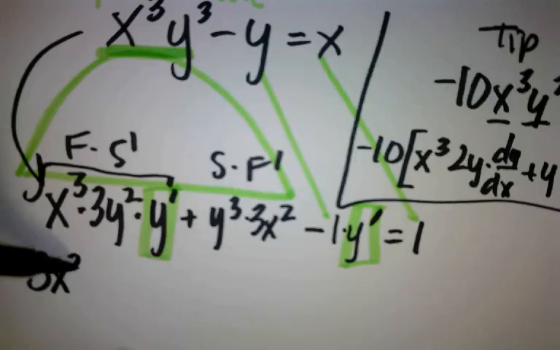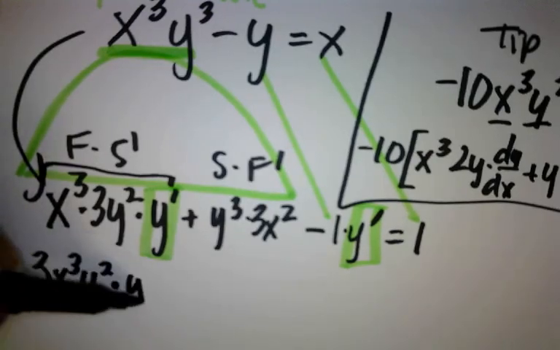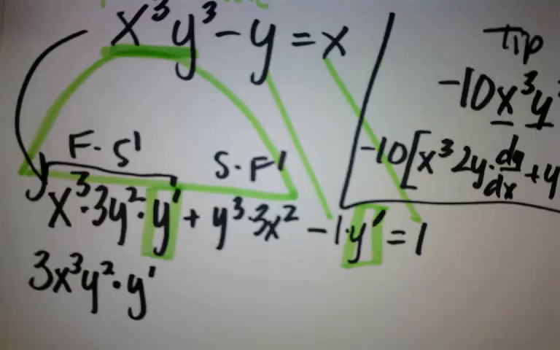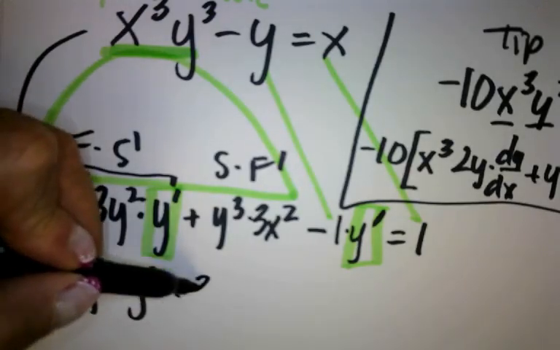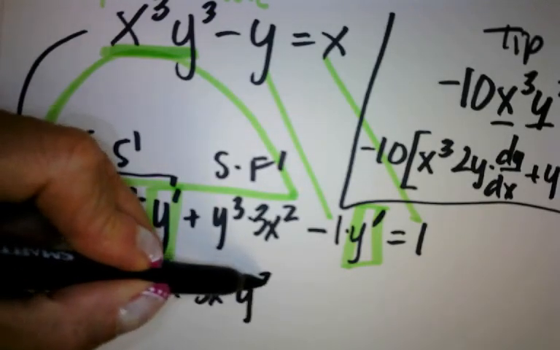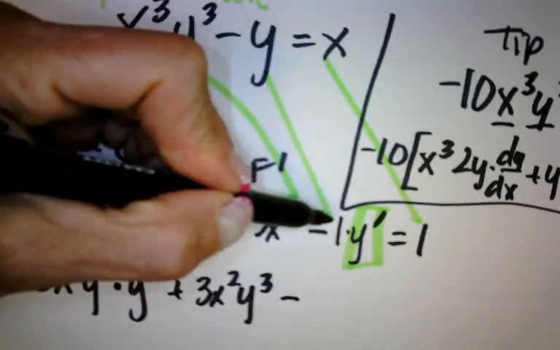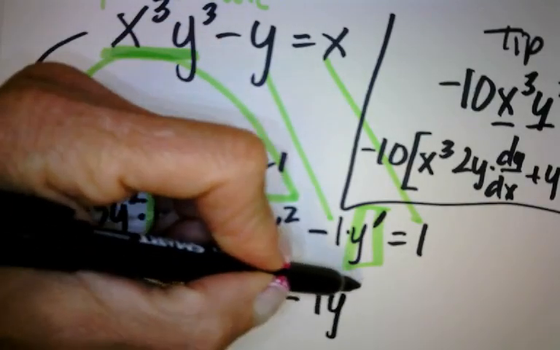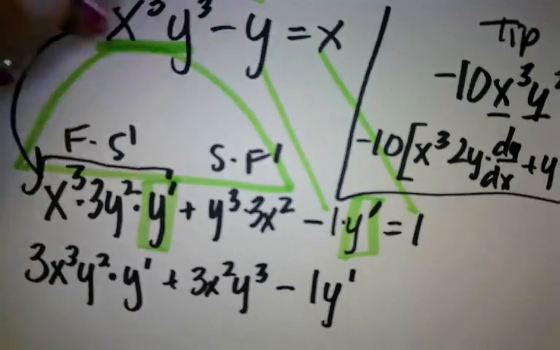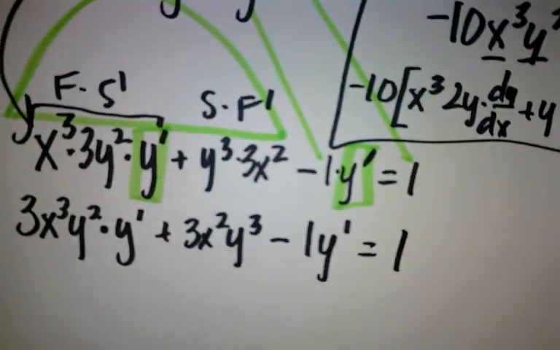And then I would write this term as 3x squared y cubed, and then I would just write this term. I would still write negative 1 y prime equals 1. Okay, so this is just cleaning up the terms a bit. Now, both of the terms with y prime are already on the same side.